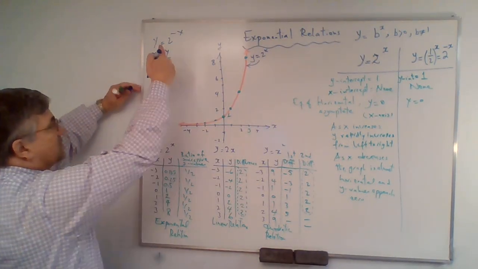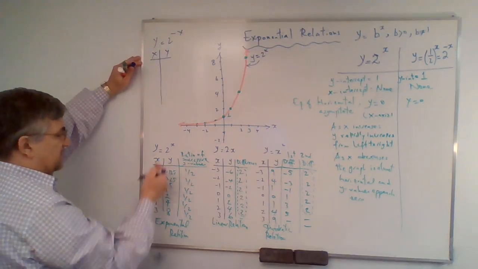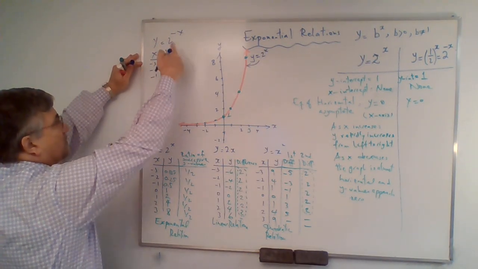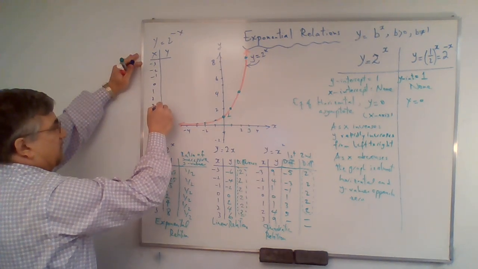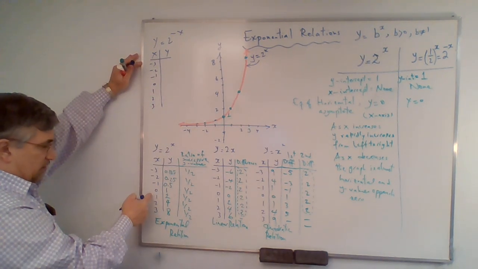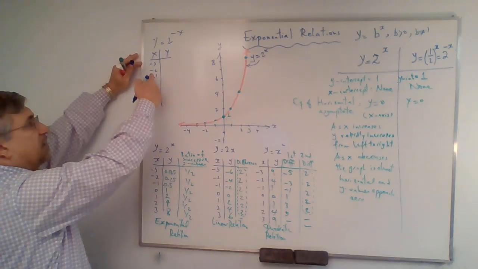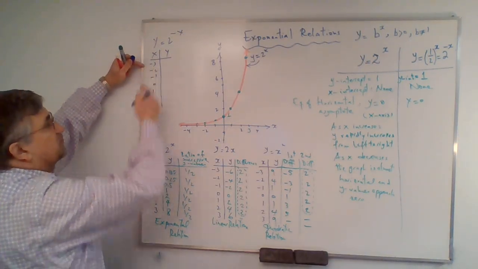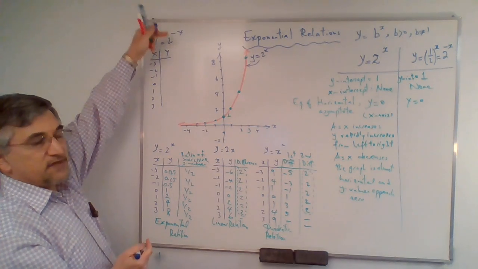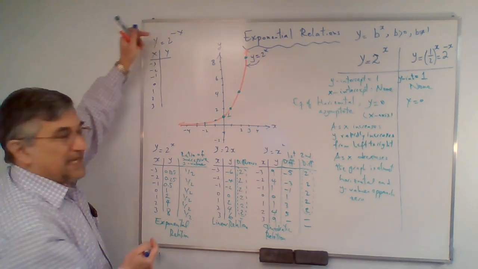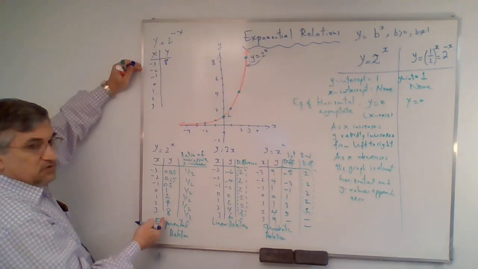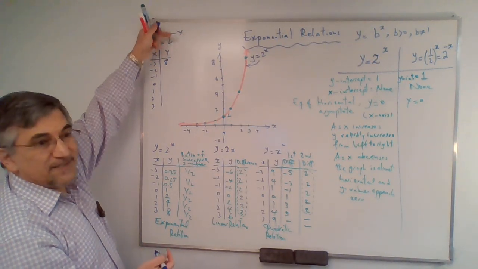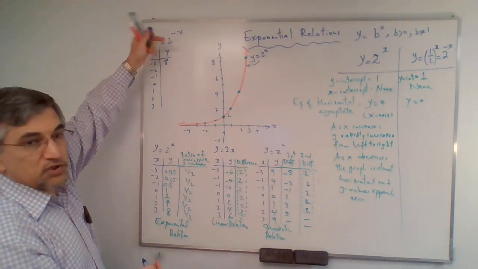Because the exponent becomes negative, whenever I had negative exponents, now the exponent becomes positive, and whenever the exponent was positive, now it becomes negative because of the negative sign in front of the x. So if x is -3, we have 2 to the exponent of -3. That is 2 to the power of +3, which is 8. So you see that 8 was at the bottom of the chart, but now it's at the top of the chart. If x is -2, 2 to the exponent of -2 would be 2 squared, which is 4.